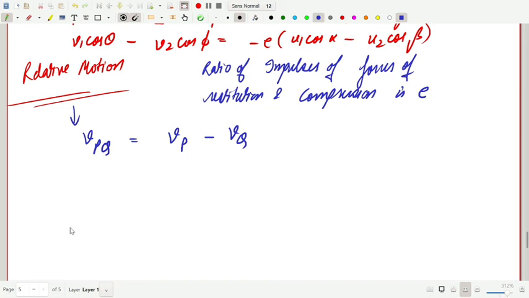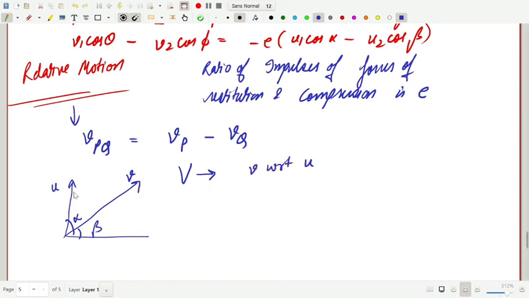Now to compute, if V is moving in direction beta and U is moving in direction alpha, and we have to find relative velocity of V with respect to U, then we resolve it in mutually perpendicular directions.